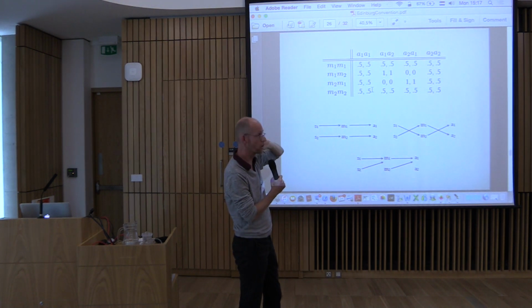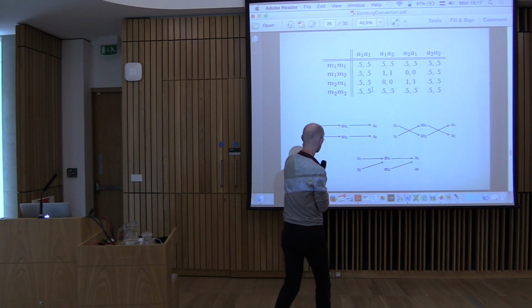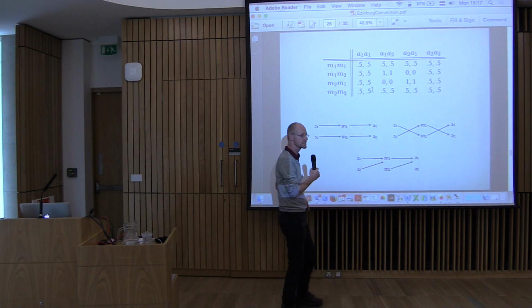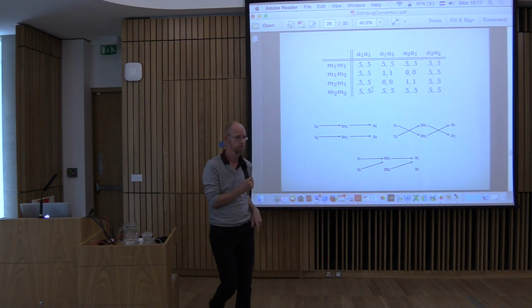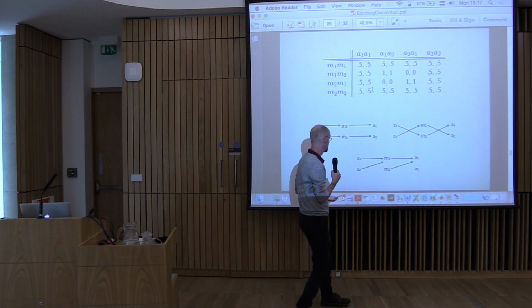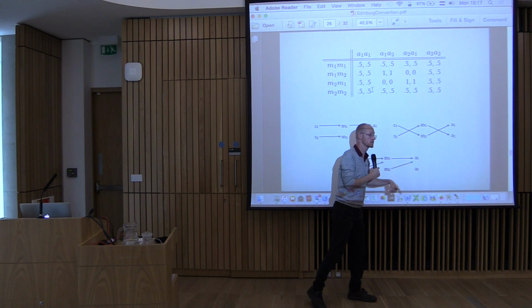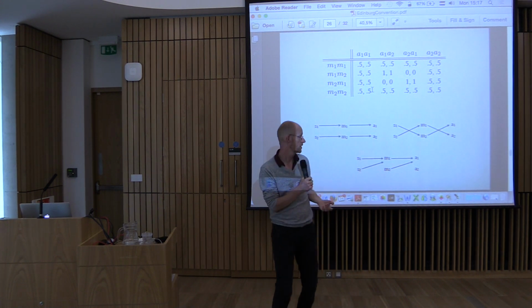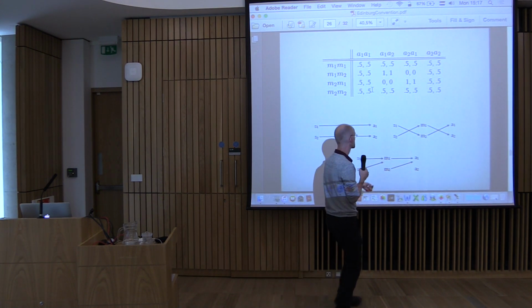But actually, this game has more Nash equilibria, right? For instance, if the sender always sends M1, then it doesn't actually matter much for the receiver what to do, right? For instance, whatever message the other sends, you can always play A1.